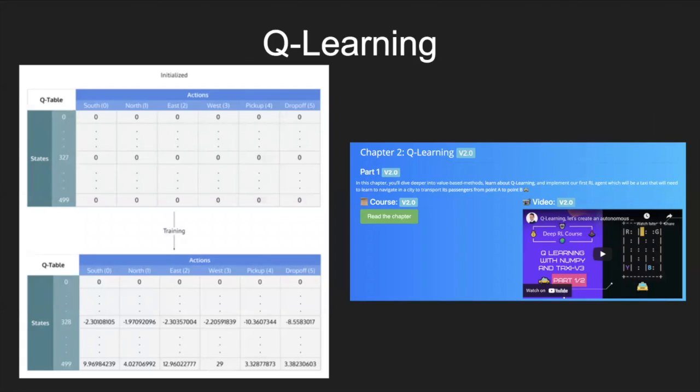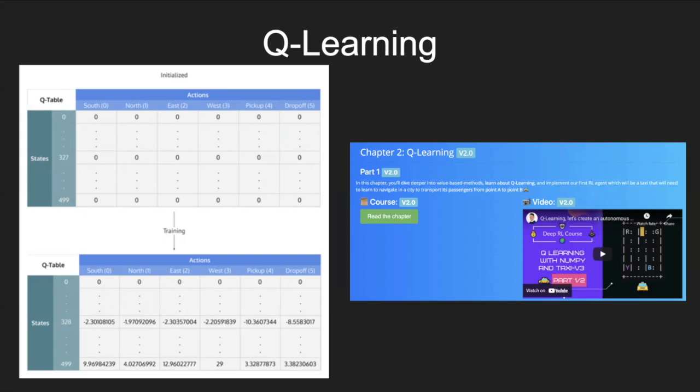And our next step was applying Q-learning. Q-learning is the most basic form of artificial intelligence in reinforcement learning. It is the idea of an agent moving and taking a step, and then after it takes a step, it gets into a new state. In that state, there are a number of rewards and actions it can take.